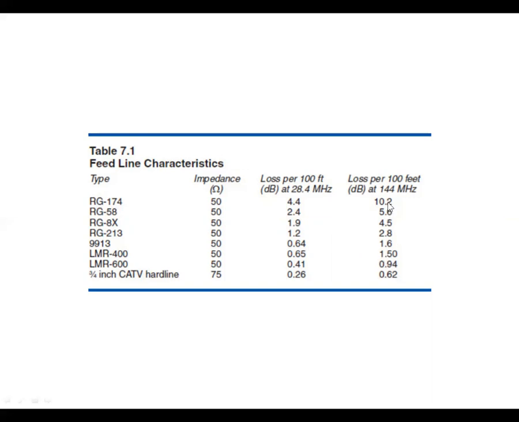And then you can see the loss at a higher frequency, 144 megahertz, which is 2 meters VHF, what we talk on our handhelds, really picks up for the lower-grade coax. So for VHF and UHF, or what I do anyway, for my feed lines, I use LMR 400. For all the HF stuff, I forget which one of these I use, but RG8X, I think, is the one that I use for my HF runs.